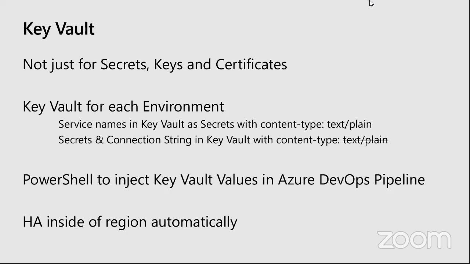One other thing that is not as easy to determine is that there is high availability inside of Key Vault. It's not evident from the outside. I found some documentation on it.